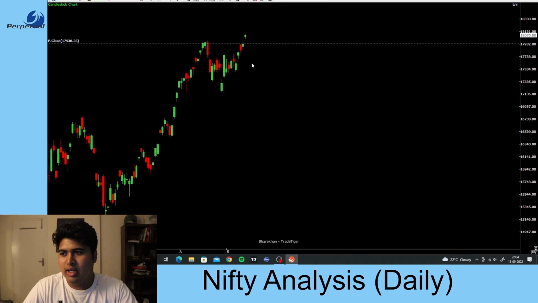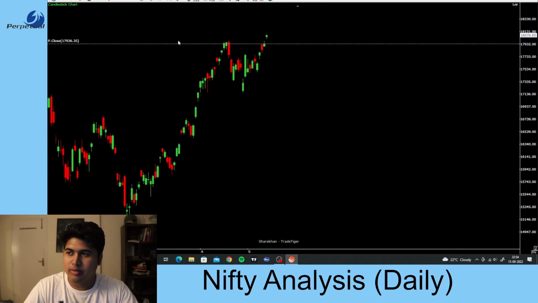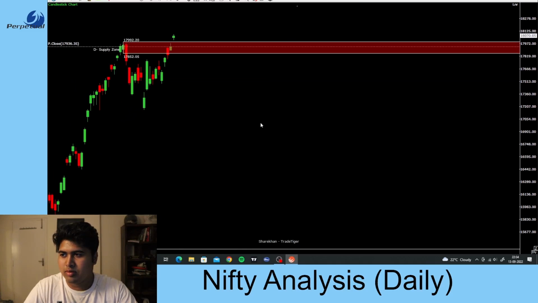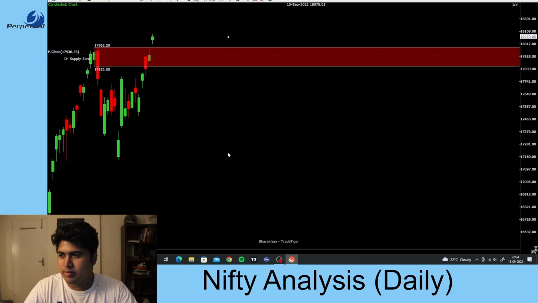So firstly, I'd like to show you the level that got broken. So this is a rally based drop, as you can see, and particularly over here the leg out candle is quite big, so you can see that the selling at that point was quite a lot.